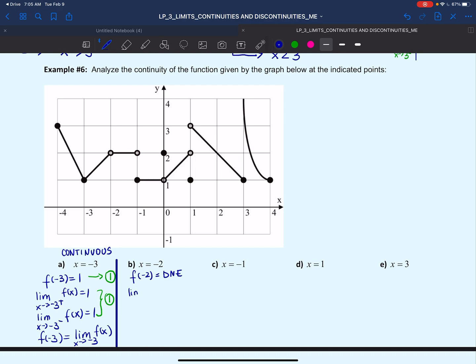The limit as we approach negative 2 from the left, the values of y approach 2. From the right, the values of y approach 2 again. So the limit exists and it equals 2.